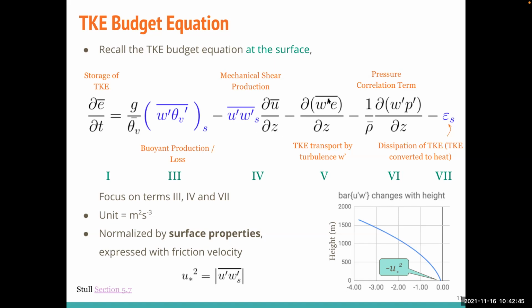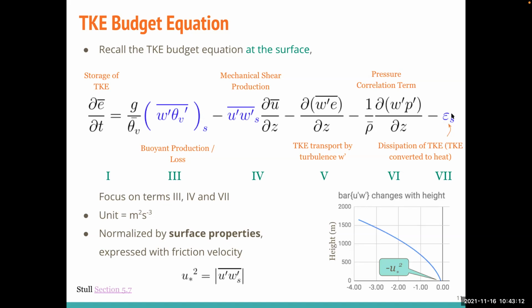And then we always ignore this one, pressure correlation term, because they're too small, okay? And this one is just moving your TKE around. So we have one question about this in the midterm, right? So it's just moving around. So it's not generating, or it's not TKE dissipation, right?